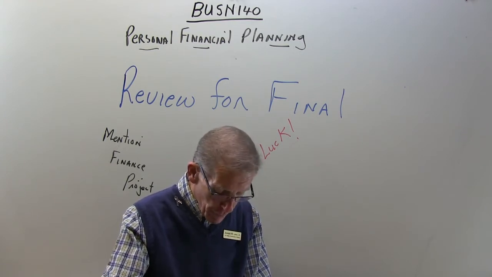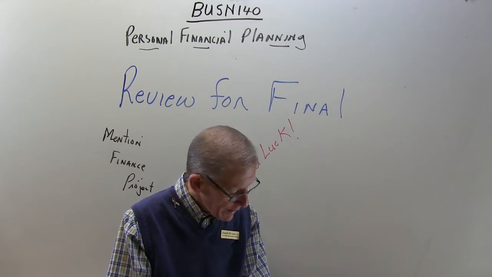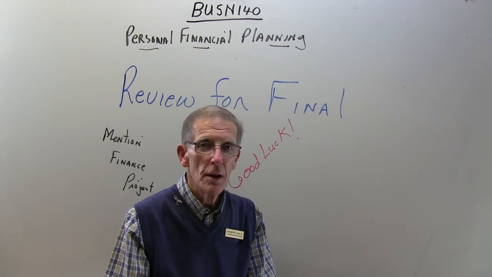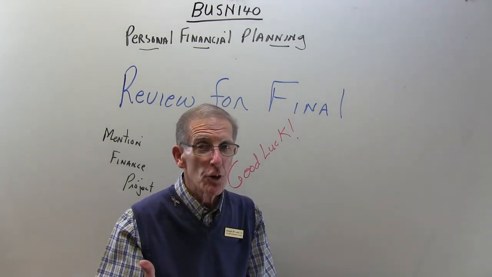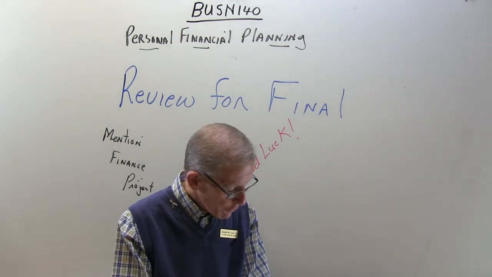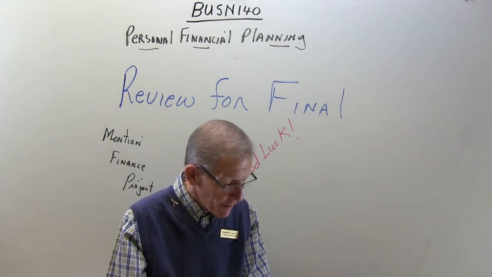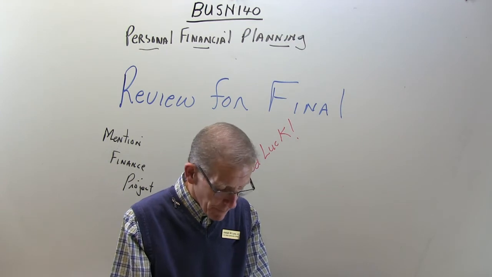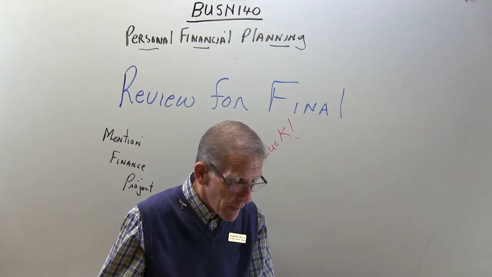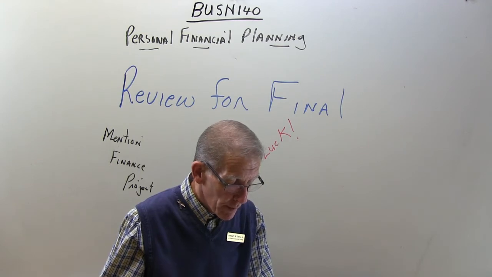And on page 390, I'd be familiar with what replacement cost is. When it comes to property insurance, remember what we want is replacement cost. I'd be familiar with what replacement cost is, and I'd be familiar with what actual cash value is.